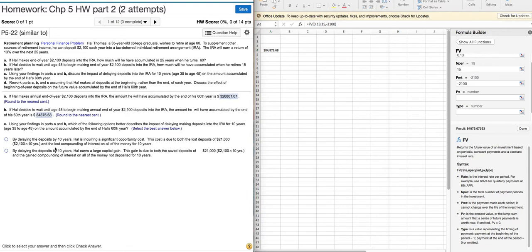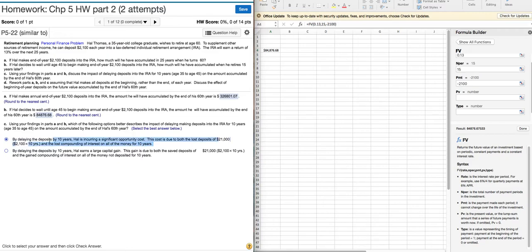Okay, and then just a quick description of what we're doing here, using your findings in part A and B, which of the following options better describes the impact of delaying making the payments for 10 years? So this one says by delaying deposits by 10 years, Hal is incurring a significant opportunity cost. It's true. This cost is due to both the lost deposits of $21,000, which is $2,100 each year for 10 years, and the lost compounding of interest on all the money for 10 years.